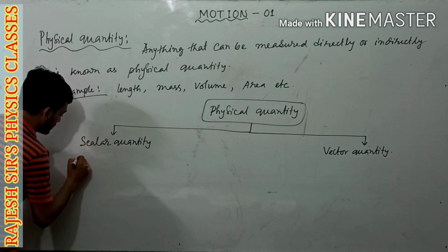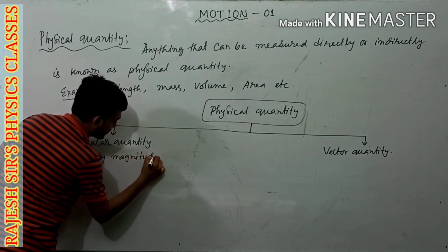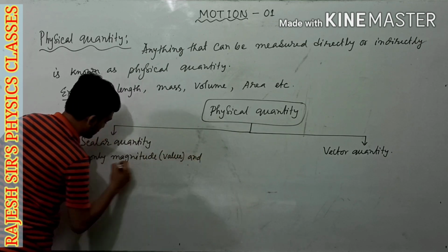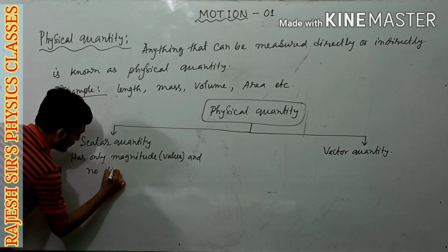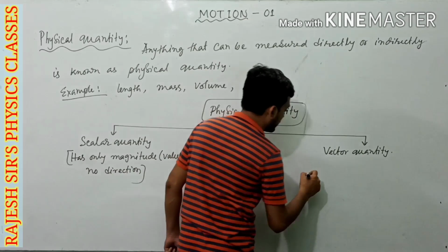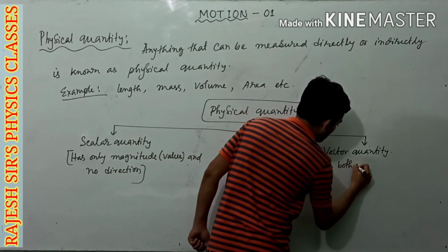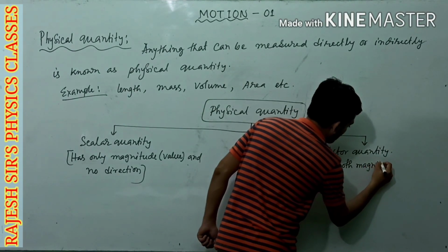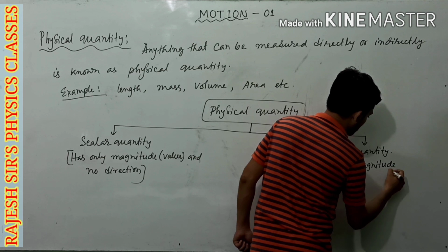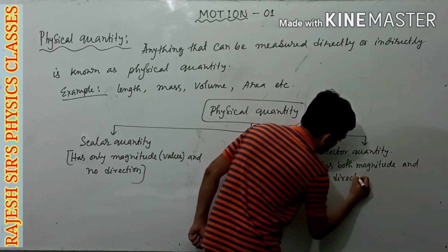Scalar quantity has only magnitude, means value, and no direction. Vector quantity has both magnitude and direction.